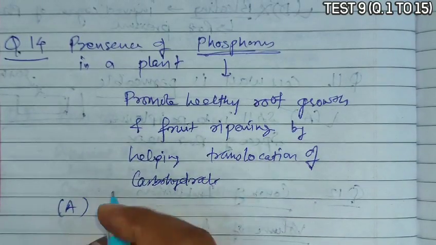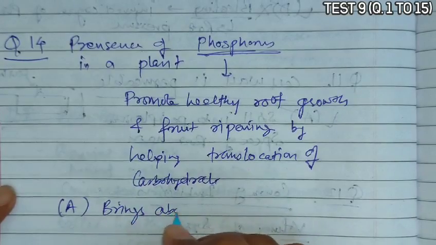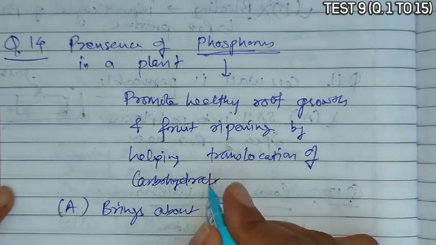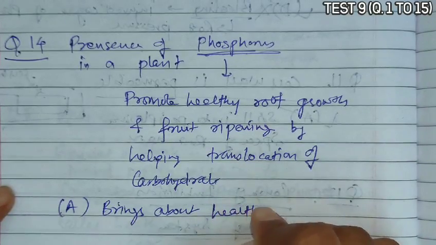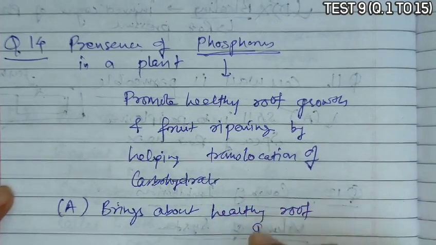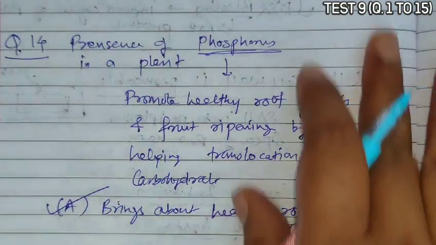So option A says that it brings about healthy root growth. So A becomes the correct answer.